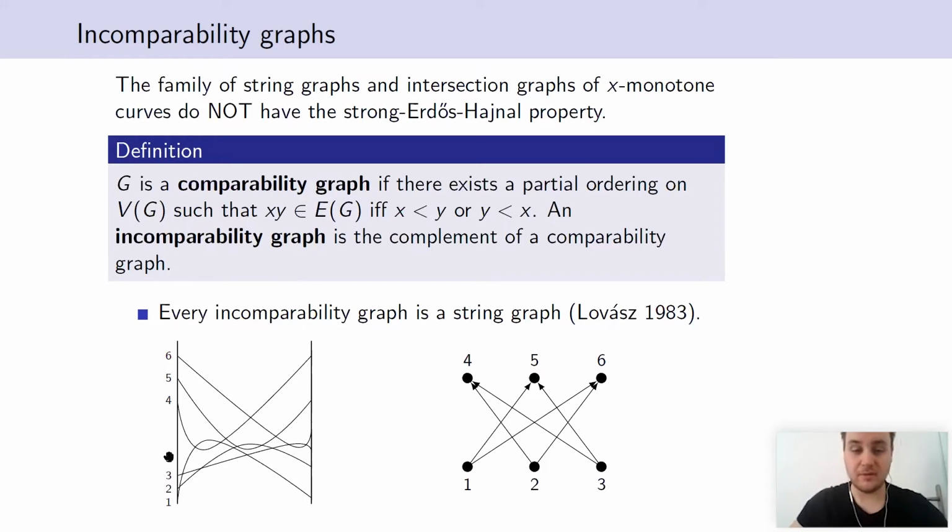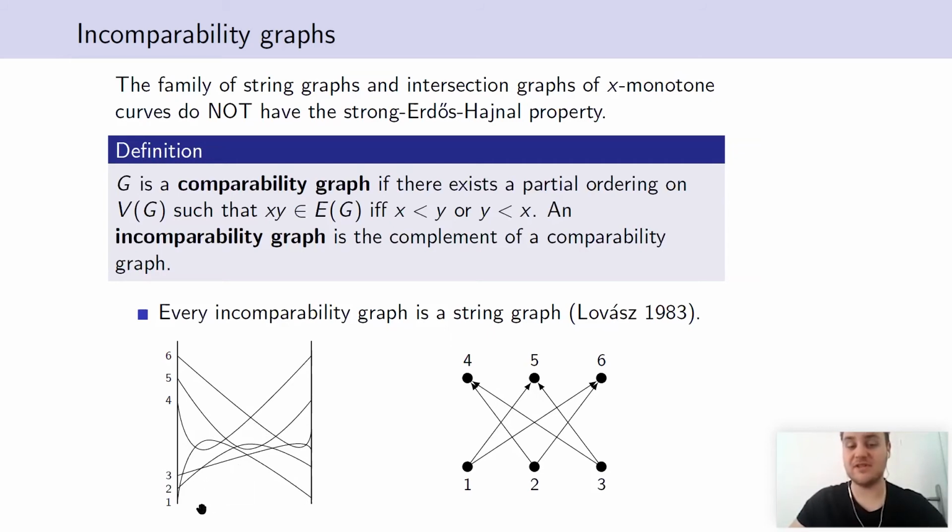Here, we consider two vertical lines, and we only consider curves that start from one of the lines and end at the other line, and the curve itself is completely contained in the strip. And if one considers such an intersection graph, then it can be easily seen to be an incomparability graph.